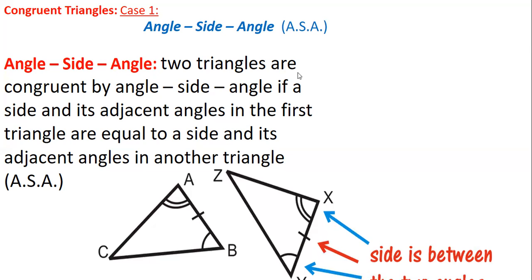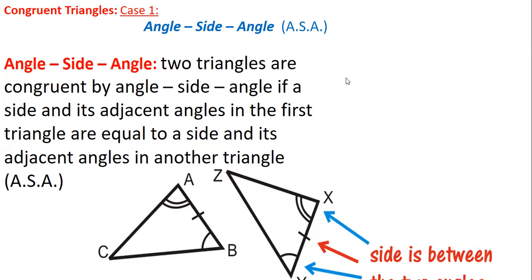So please always keep in mind, if you want to prove two congruent triangles by angle, side, angle, first we should look in the first triangle and the second triangle for two equal sides. After we're done with the sides, we now look for two different angles in the two triangles.